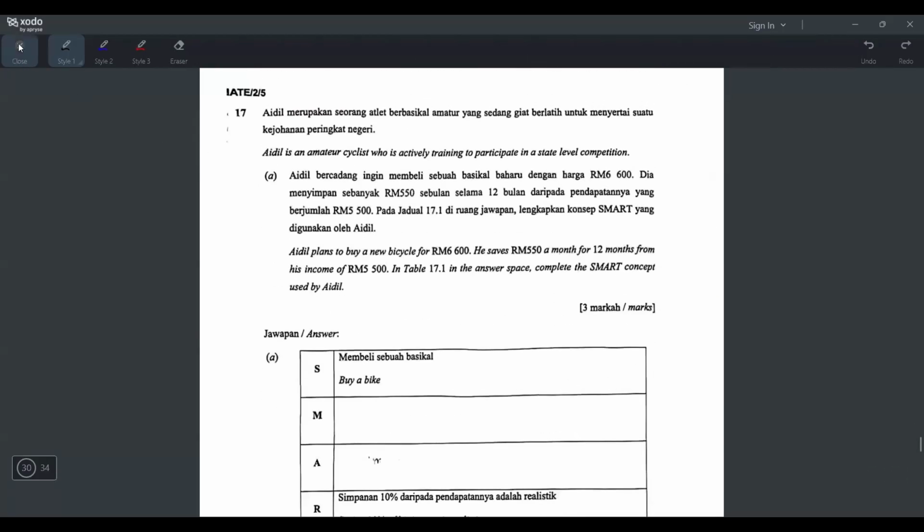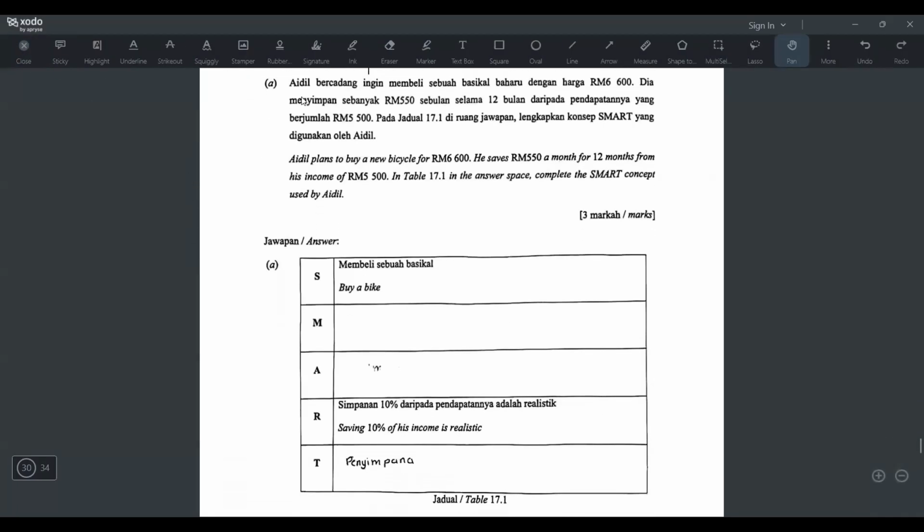Okay, let's do the last question, number 17. Ideal is an amateur cyclist who is actively training to participate in a state level competition. I don't care, so not important. A, Ideal plans to buy a new bicycle for 6,600. Very expensive bicycle. He saves 550 ringgit a month for 12 months. Let's use our calculator and press 550 times 12.